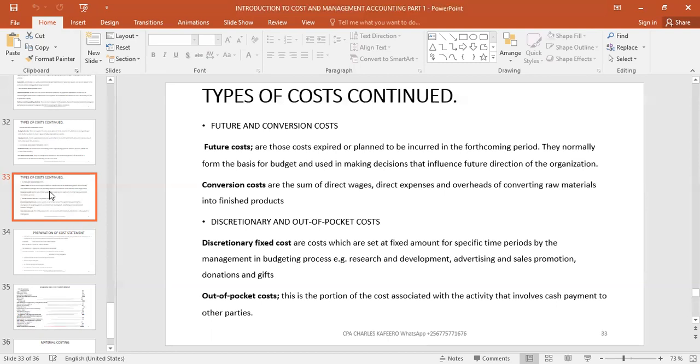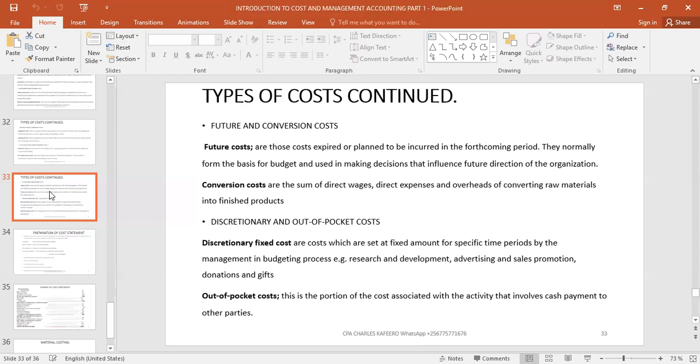You can incur some costs like for research, how to improve the product, how to add value, and what should be reduced from whatever we had included depending on the customer's requirement. So those are the costs.